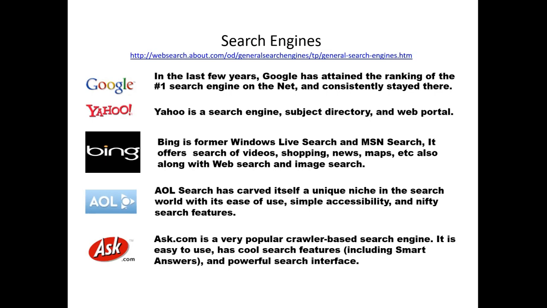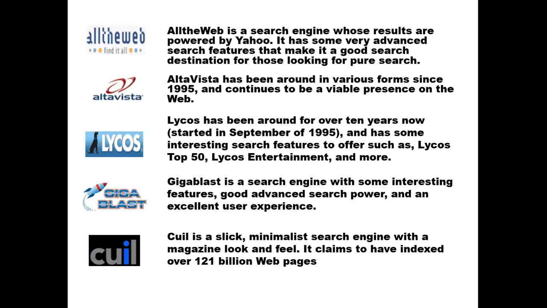But there are many other search engines where you can get some very important information related to your research. Like AlltheWeb, AltaVista, Lycos, Gigablast, Quill. So these are some of the search engines.